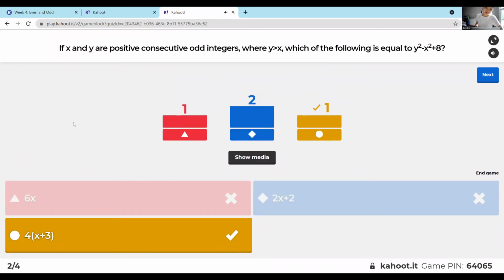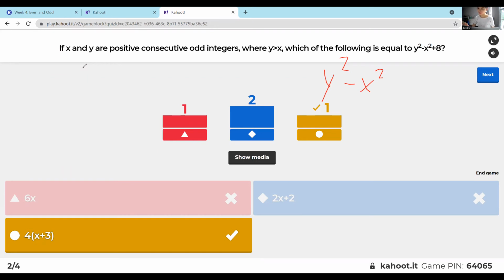Yeah, it's 4 times x plus 3. Actually, it's similar to a problem we went over, except you must write in terms of x and then plus 8 at the end. For example, first y squared minus x squared.